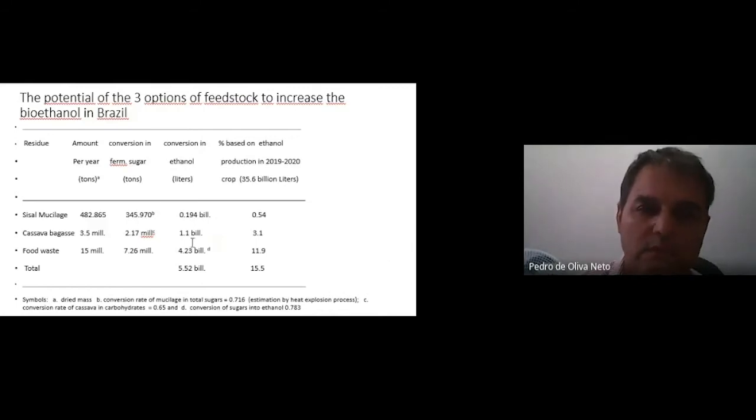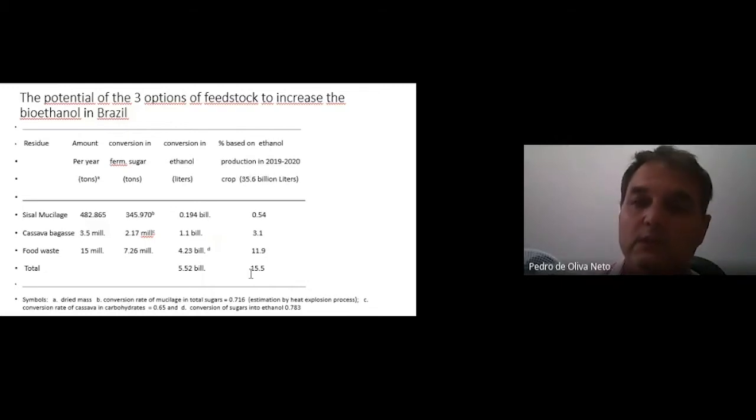If you consider the three feedstocks in only this example, we have 5.5 billion liters of ethanol that we can produce, and it represents 15.5% of the last crop, 35.6 billion liters.